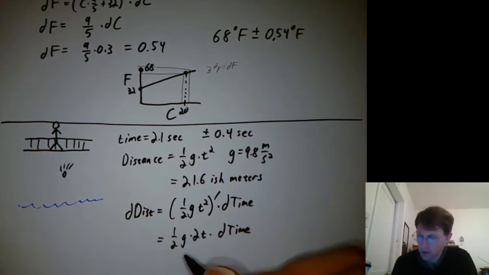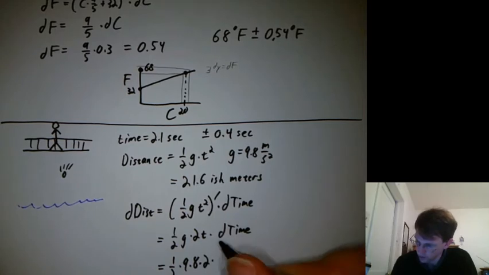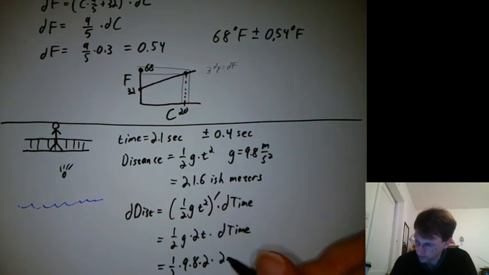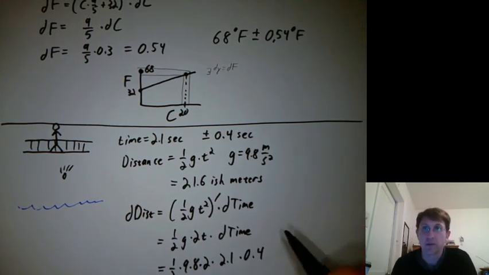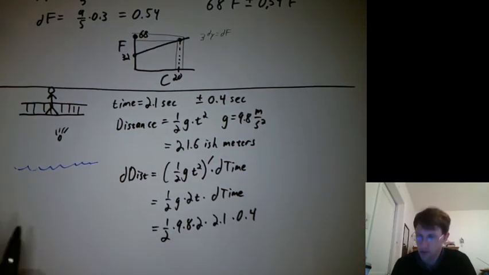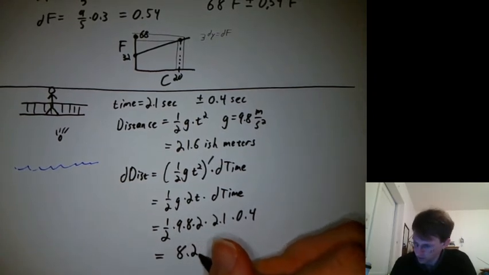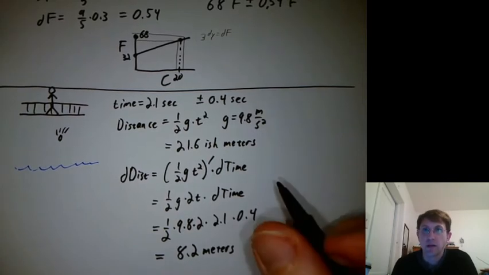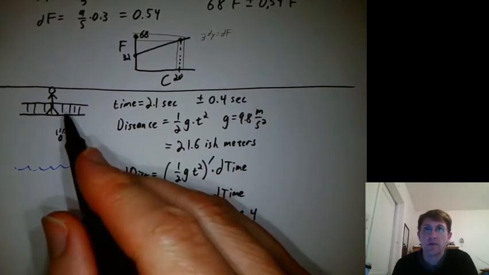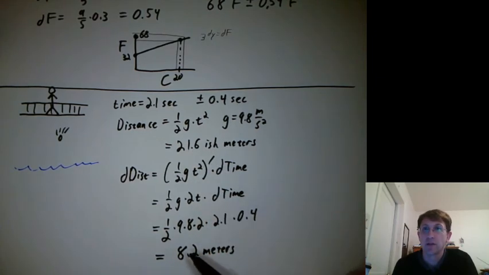And what are we going to plug in here? 1/2 times 9.8 times 2 times t, which is 2.1 seconds, times dt, which is 0.4. And you do all that, and you get 8.2 meters or so. So the distance from the bridge to the creek was 21.6 plus or minus 8.